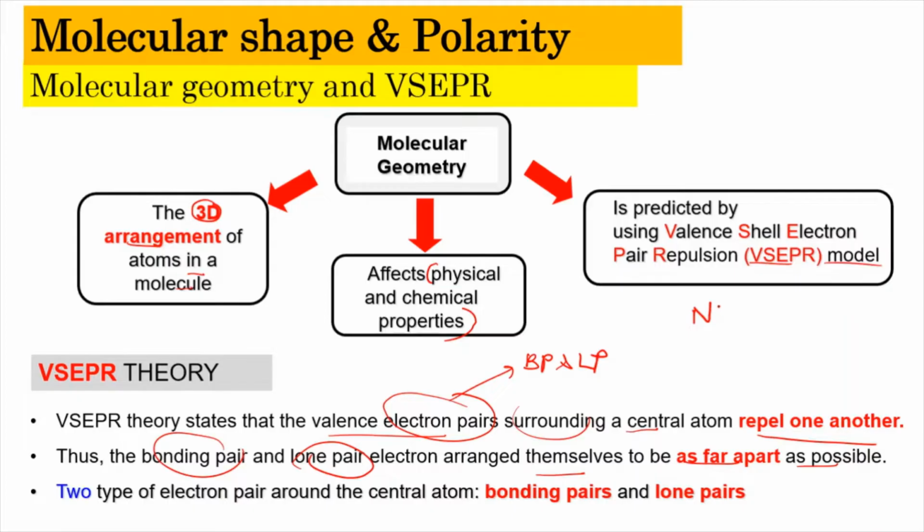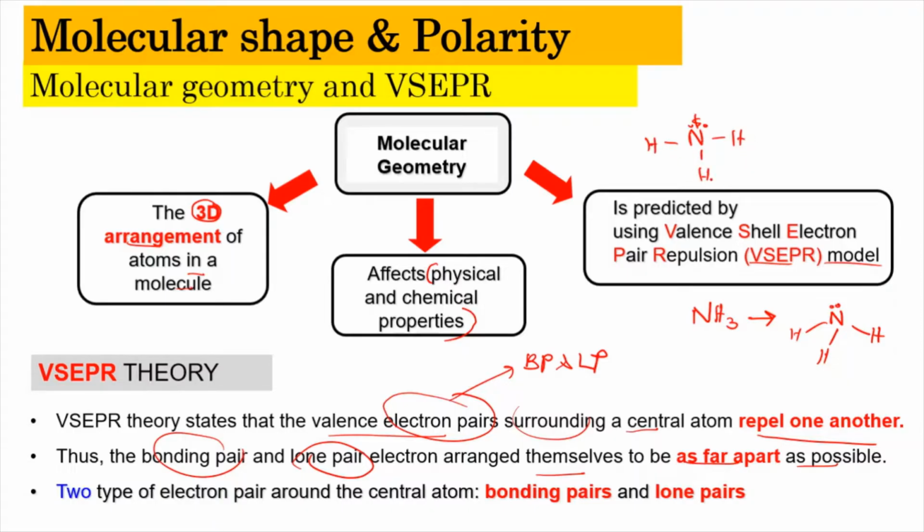So when you have the ammonia molecule, which is NH3, and you draw the Lewis structure, you're going to get the structure to be N with one lone pair here, and then you're going to have the bonding pairs to be something like this. Usually you will draw it like this, right?